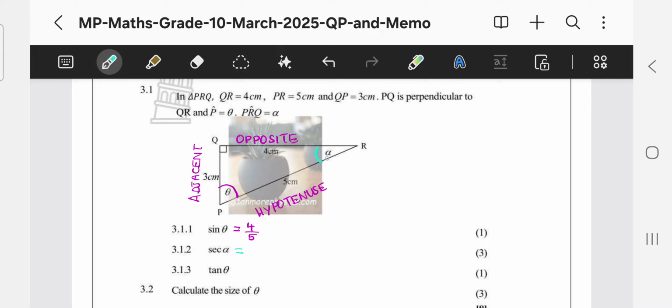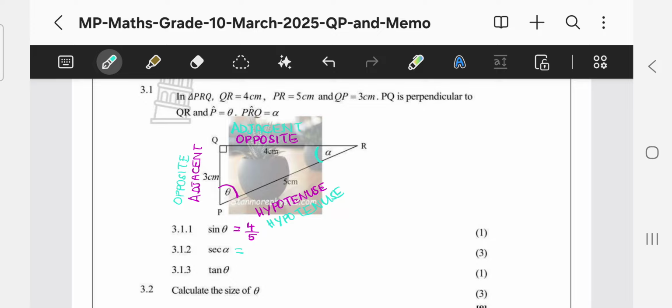The side that is now opposite alpha is the 3 centimeters. So this is the opposite side of alpha. That makes the 4 centimeters the adjacent side, and the hypotenuse remains as is.